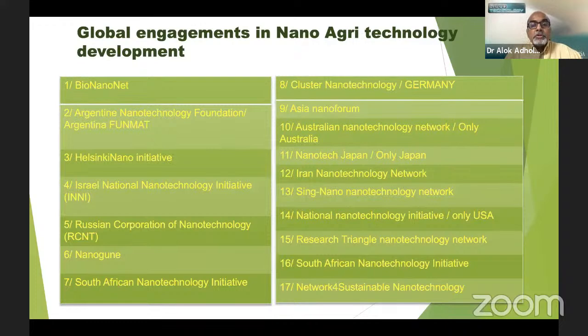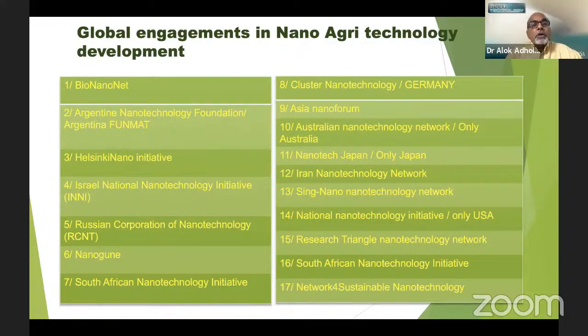So the interactions and harmonization is a very important aspect, because if an Indian industry or Indian researcher develops a technology, they should be aware and they should comply with the international requirements as well.